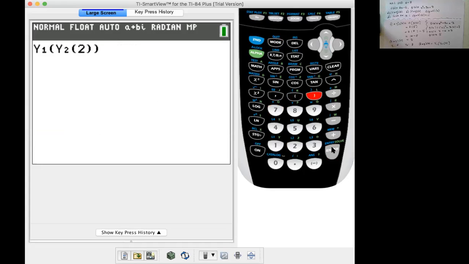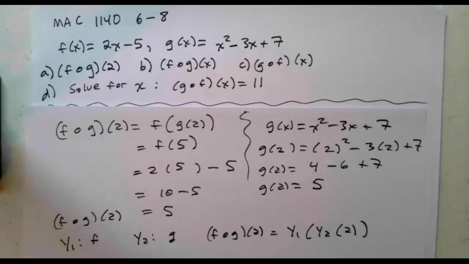So we'll hit enter and see what we get, and we have 5. So that's good. That reinforces what we did on paper. So check.